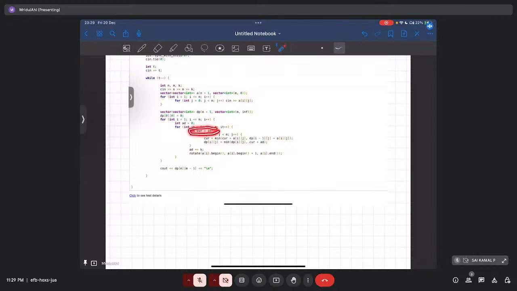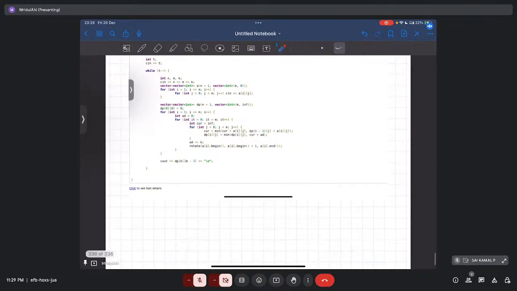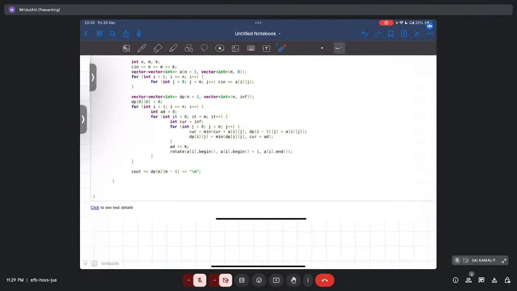Then instead of doing transition from the previous state, I used a dummy variable. I do cur equals min of cur plus aij when I transition from the previous cell in the same row, or I transition from the same column from the previous row. For that we have this dp value.